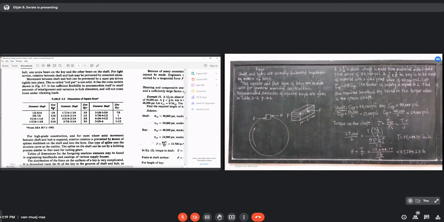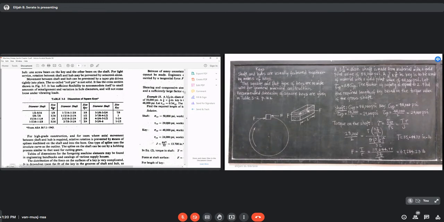So if you have a shaft of 2 inches, what would be the dimension of the key? If it is 2 inches, what would be the dimension of the key if your shaft is 2 inches? 1/2.